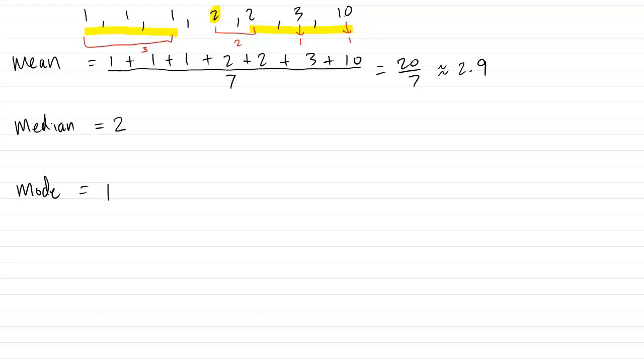It goes 1s and then 2s and 3s and then a 10, and there's nothing in between. So that's probably an outlier. So the mean is actually affected by outliers because it's used in the calculation. As you can see, we add the 10, and in that calculation, the mean is being pulled over to the right by any outliers, by the 10. So that is one reason why the mean is larger than the median.